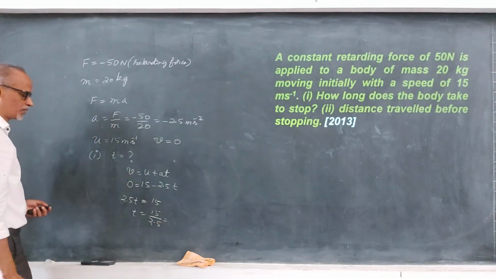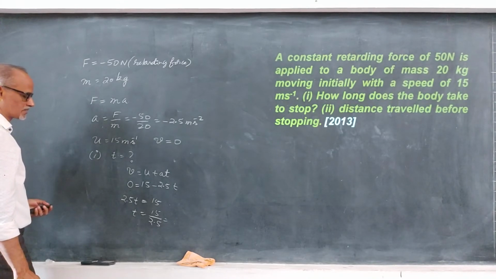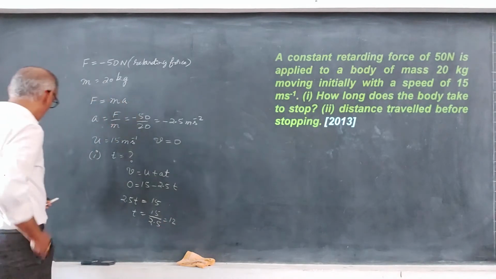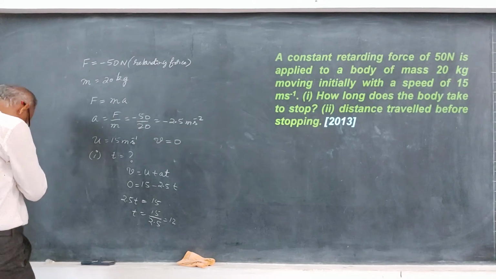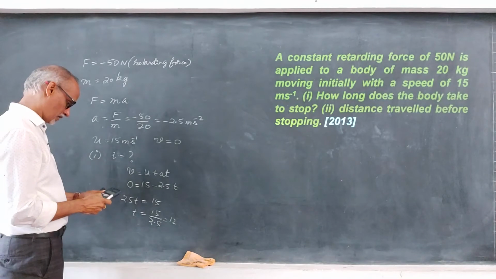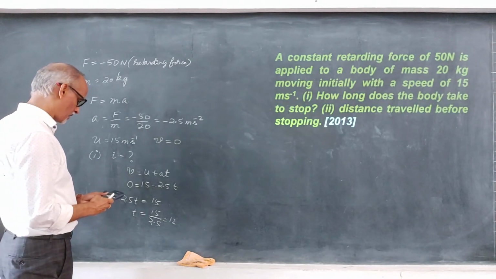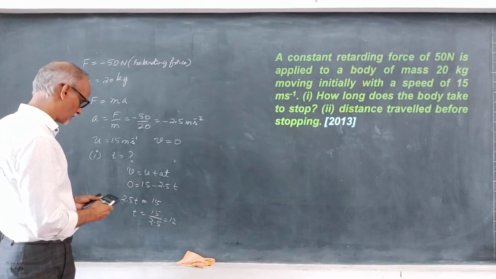So 15 by 2.5 is... Sorry, 15 by 2.5 is not 12, it's 6.